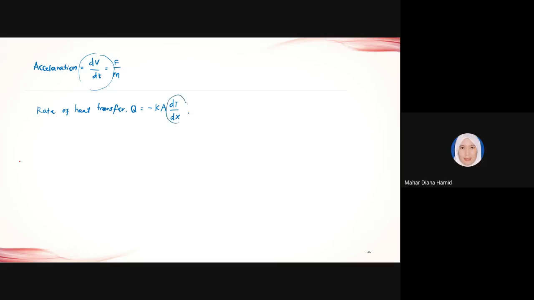So this part here is the differential component. These are just two examples of differential equations in chemical engineering; we actually have more than that. We have Fick's law, we have reaction rate and so on.